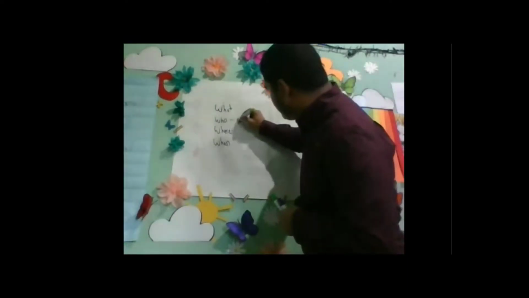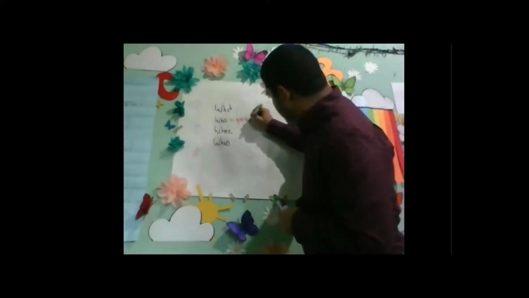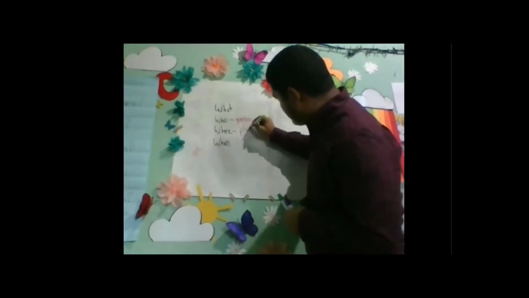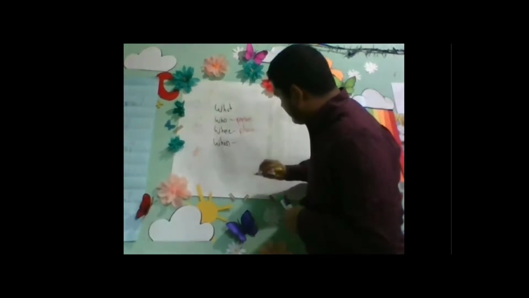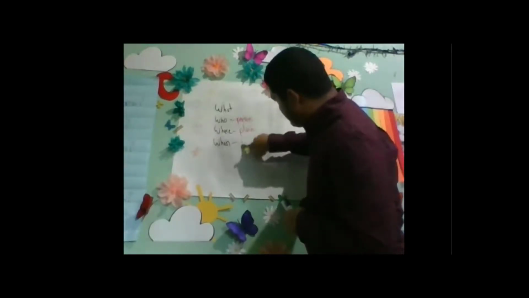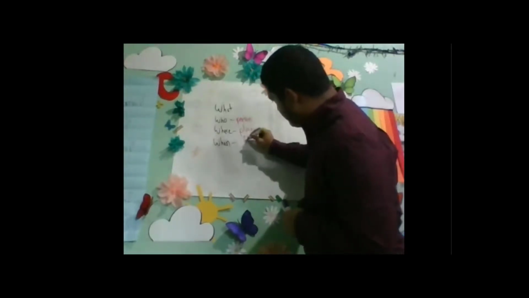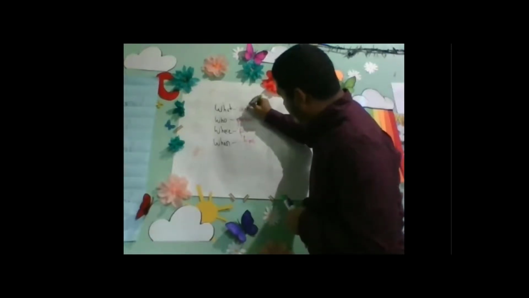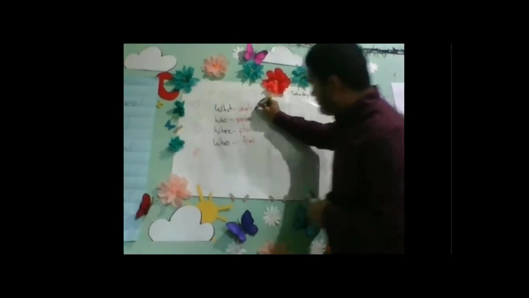Who is related to one person, where is related to places, when is related to time. What could be about objects or other things, more facts that we're asking for.